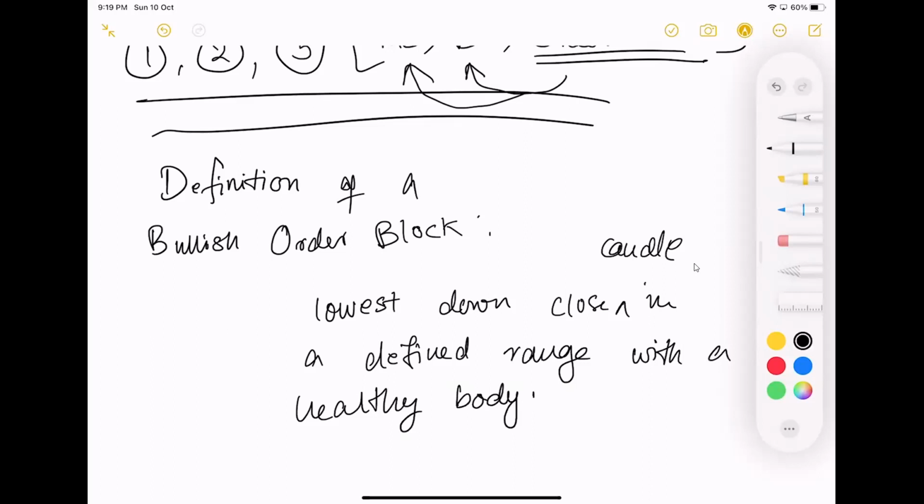Lowest down close candle in a defined range with a healthy body. So that is the ideal bullish order block.